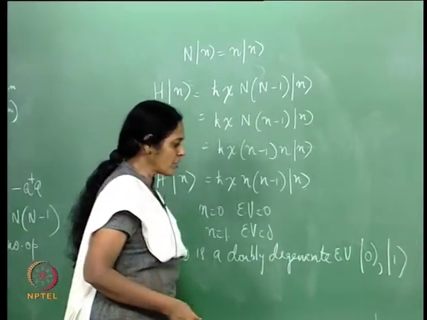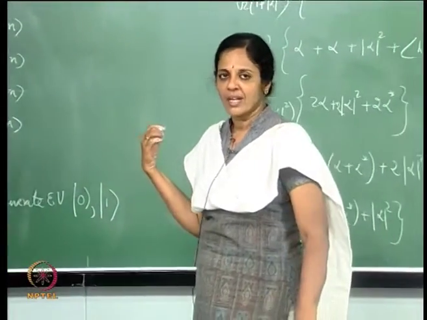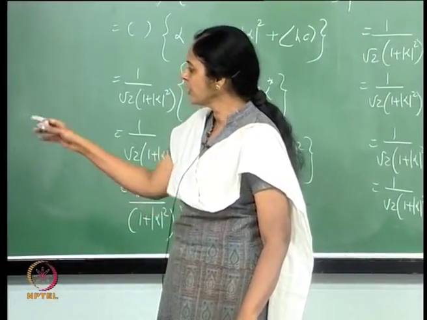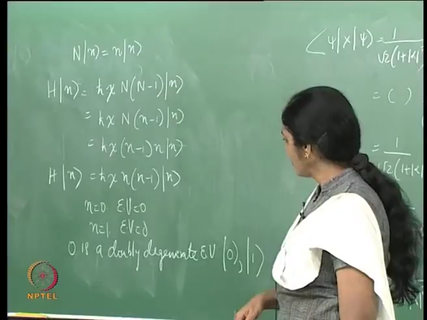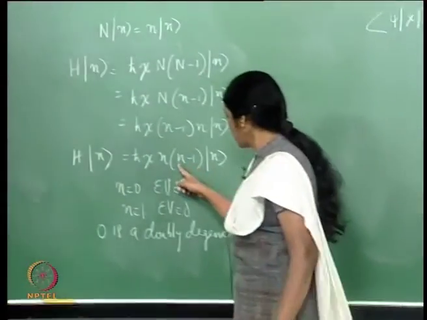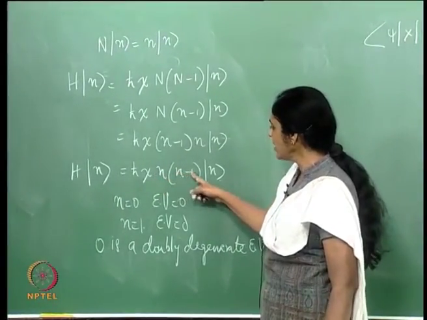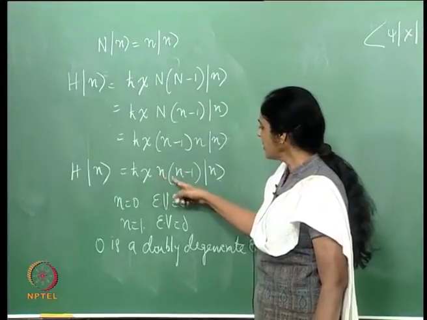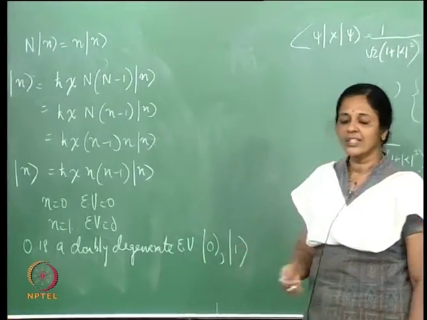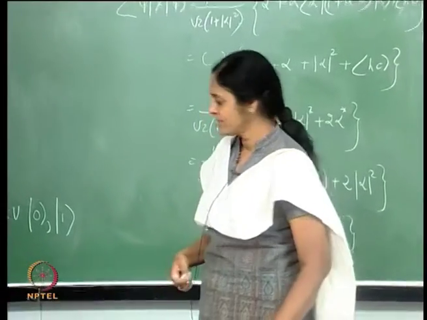So, both the 0 photon state and the 1 photon state are eigenstates of this Hamiltonian, the Kerr Hamiltonian, because they are eigenstates corresponding to a degenerate eigenvalue 0. All other eigenvalues are non-degenerate. For instance, if you look at n is equal to 2, that just gives me 2, then n equals 3 gives me 3 times 2 which is a 6 and so on. So, none of the other eigenvalues are degenerate, but the ground state 0 is degenerate.